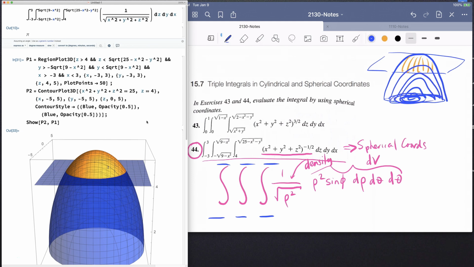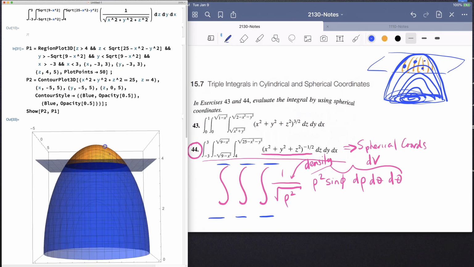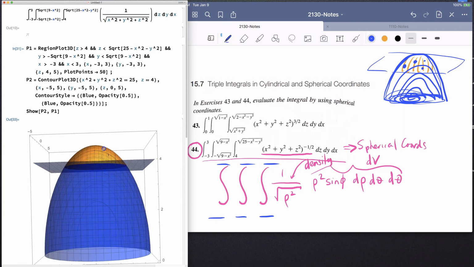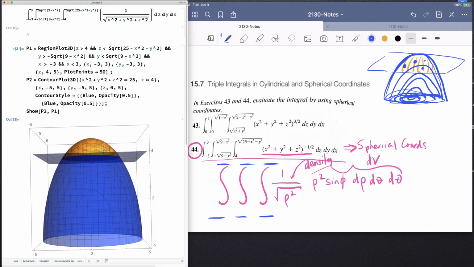So we can imagine spheres getting filled out here. Every point in this orange region is on a sphere of some radius, even the points that are on the bottom plane.